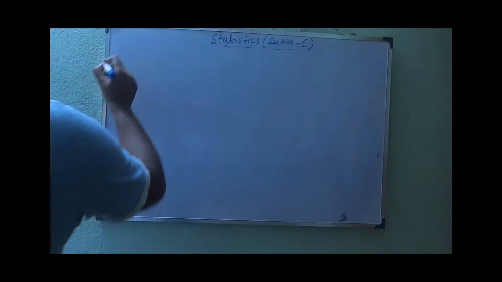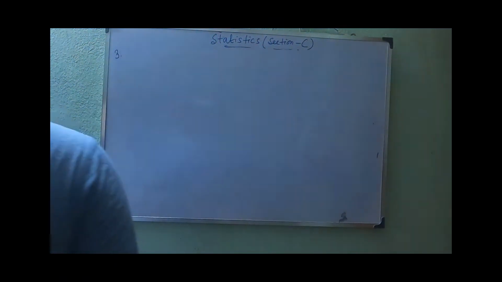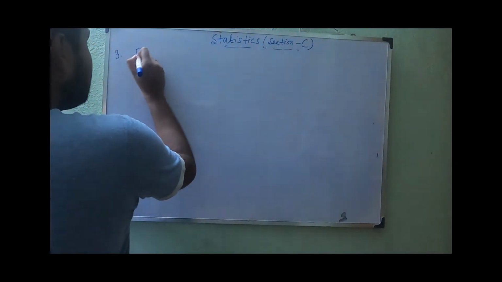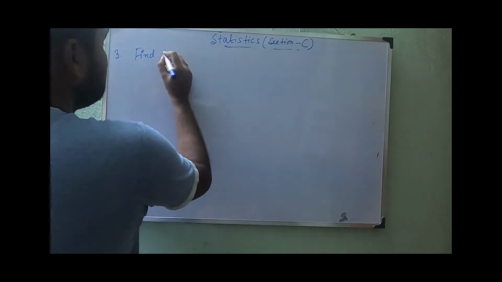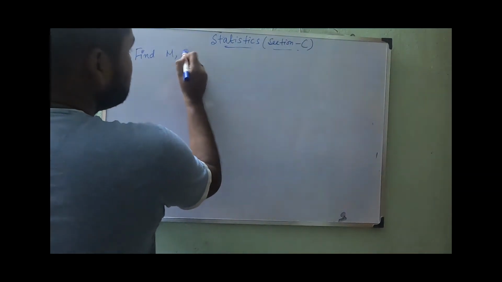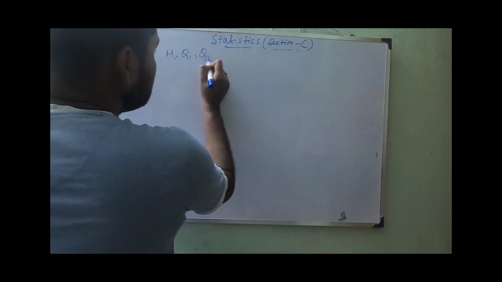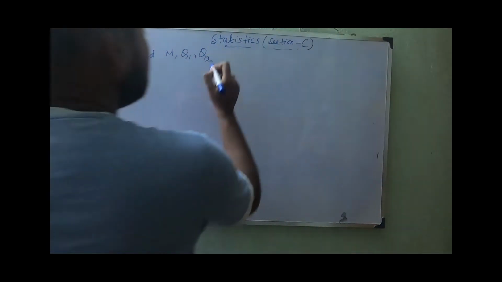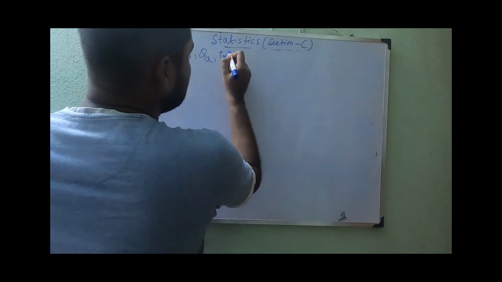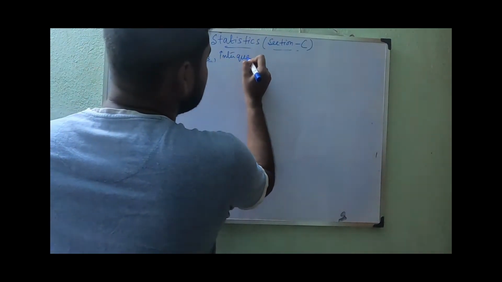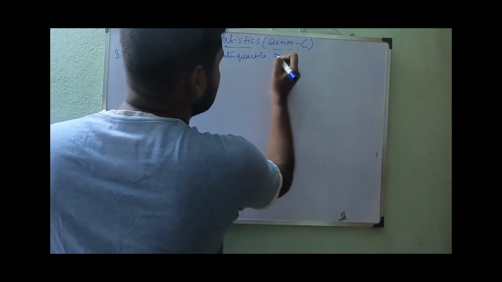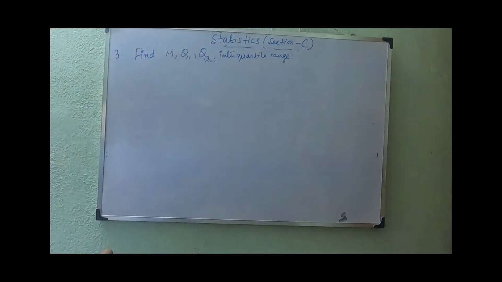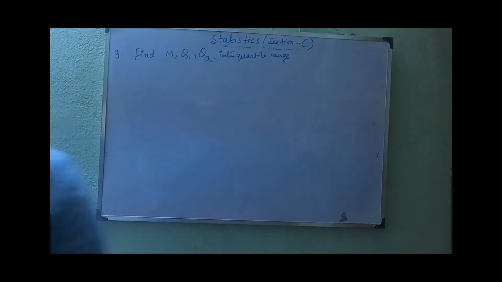Question number 3 is: find the median, lower quartile, upper quartile and interquartile range of the following data. Now let me just write the data.